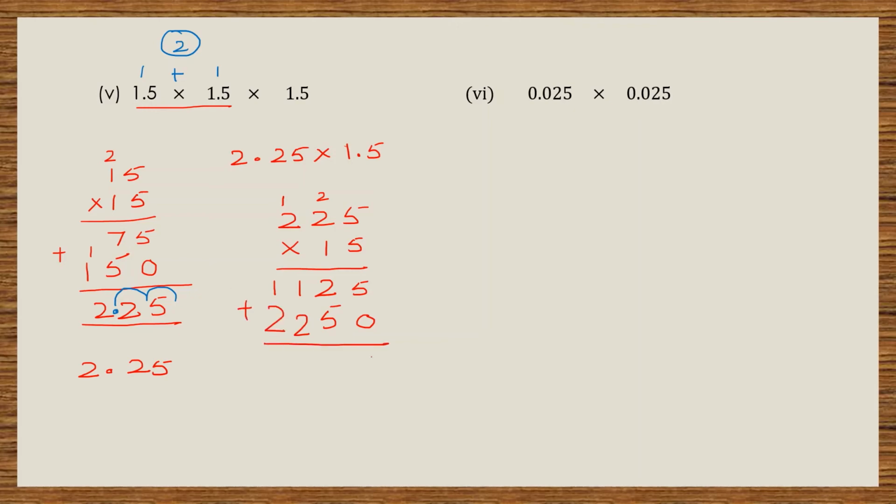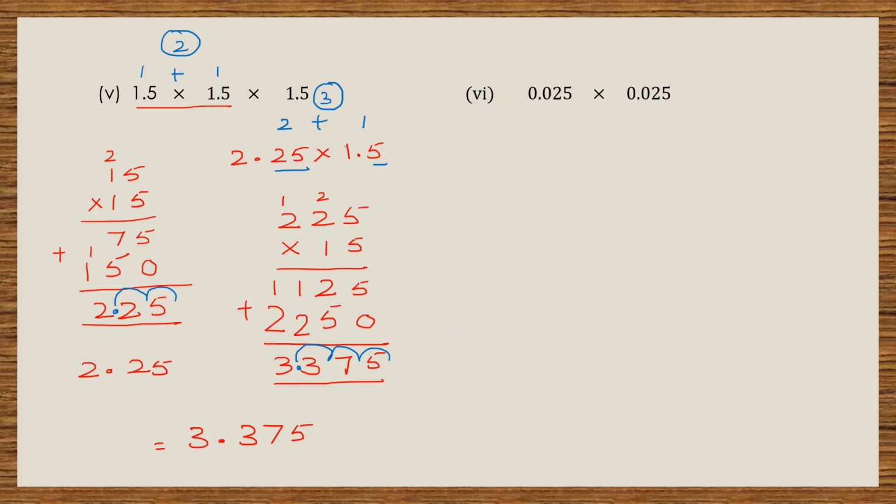Let's add this up, 5, 2 plus 5 is 7, 1 plus 2 is 3, 1 plus 2 is 3. Okay, now go back to the question here. 2 decimal places plus 1 decimal place, we get 3 decimal places. So the point moves 1, 2, 3. Comes here. So the final answer to this question is 3.375.